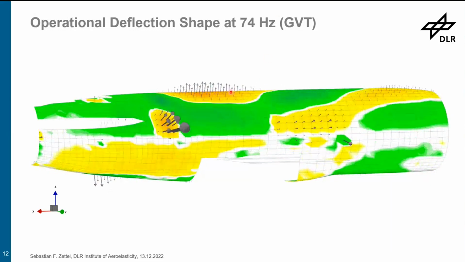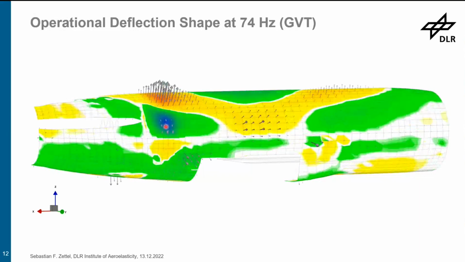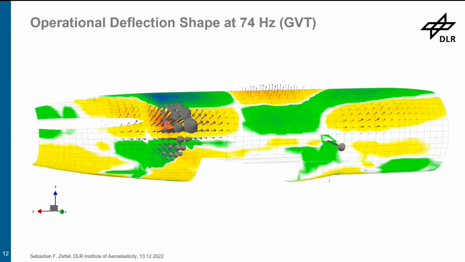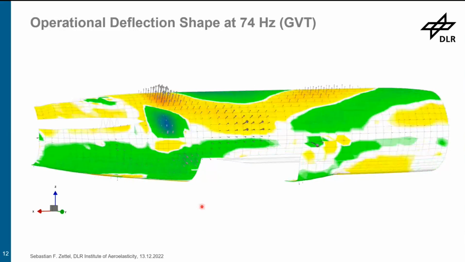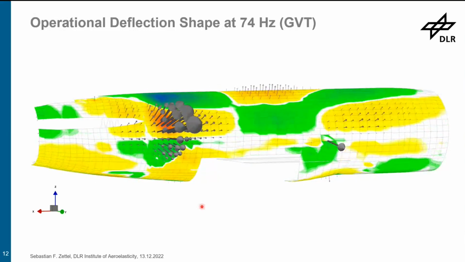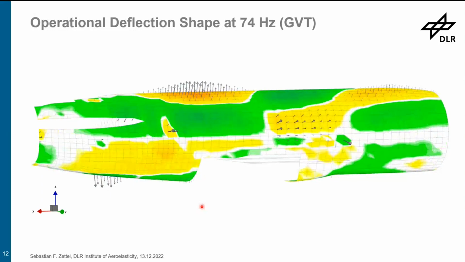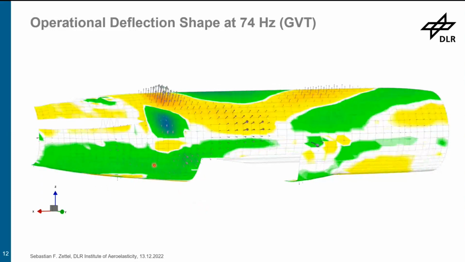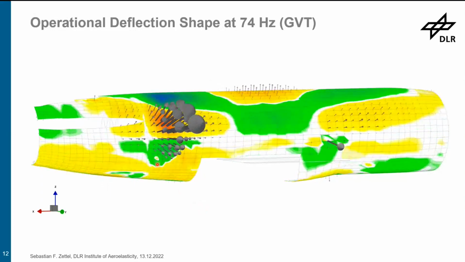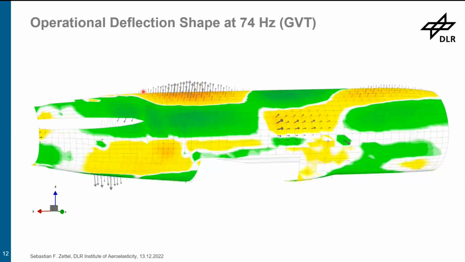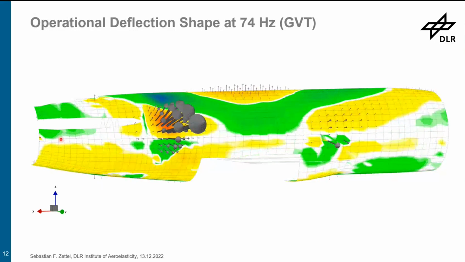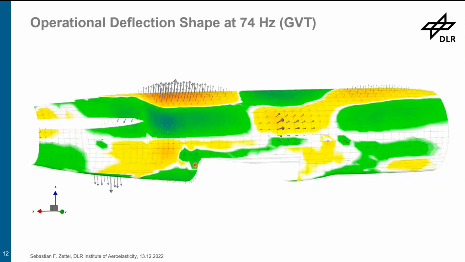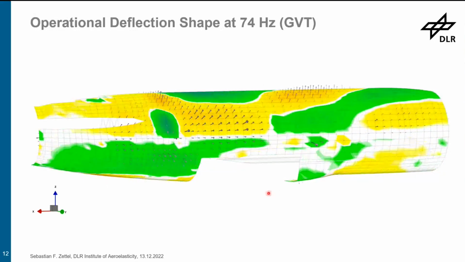From the excitation point, which is here where the highest amplitudes are present, the deflection shape propagates through the whole structure. And if you have a close look, you can also see that at this location where the rear pressure bulkhead is approximately located, the resulting amplitudes in the back of the airplane are much smaller than in the front.